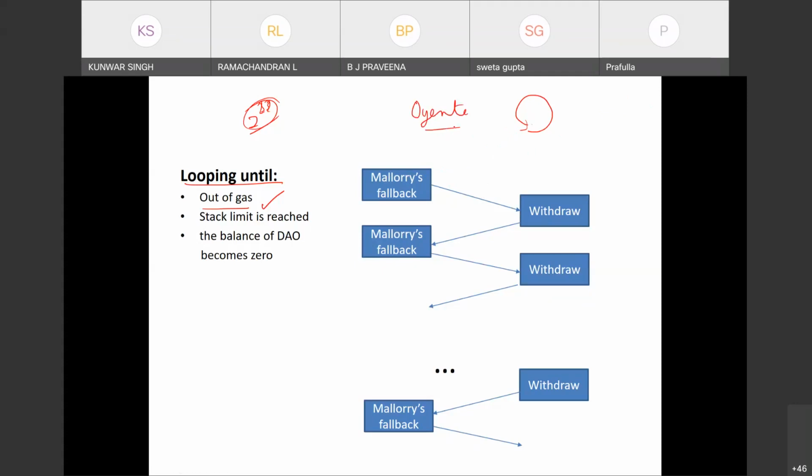Not only this tool, there are many other tools which will check whether the smart contract has some problem or not.